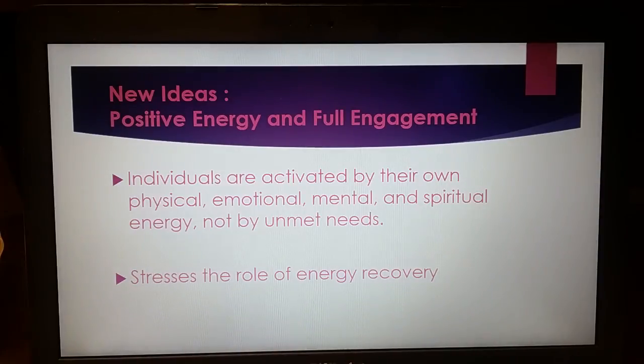There is this whole idea of positive energy within ourselves that can help us become motivated in the workplace, even though the situation might not be optimal. And it's very important that we can have our own energy recovery, that it's up to us to make ourselves happy.